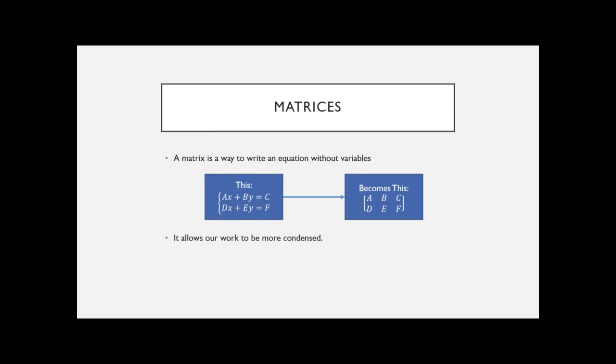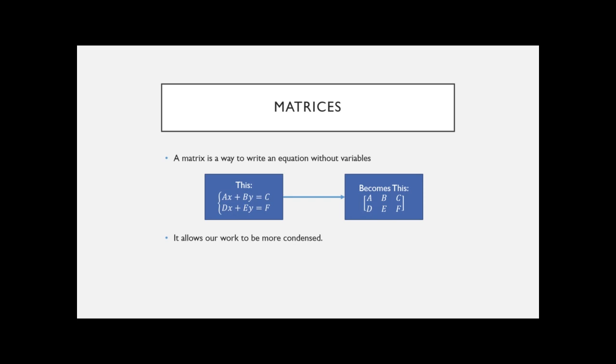Then when you write it as a matrix, you only write down the numbers and leave off the variables. Each column of the matrix represents a specific variable. So the first column is x, the second column is y, and the third column is the constant that it's equal to, and each row represents a separate equation.